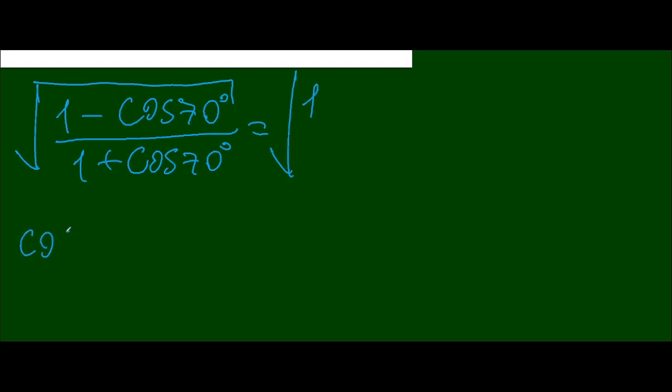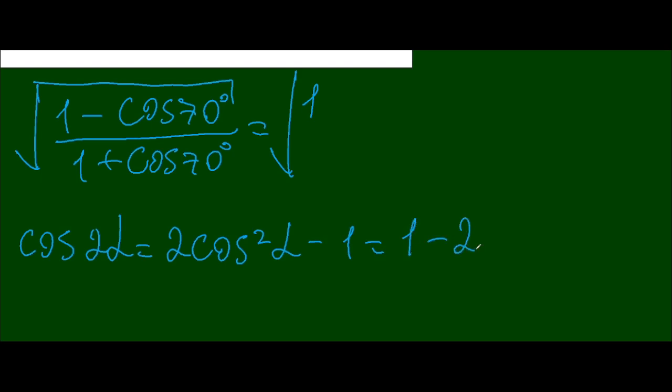We know that cosine 2 alpha is equal to 2 times cosine squared alpha minus 1, or at the same time equal to 1 minus 2 times sine squared alpha, I guess. Yes, not mistaken here. And we can write 70 as 35 times 2.